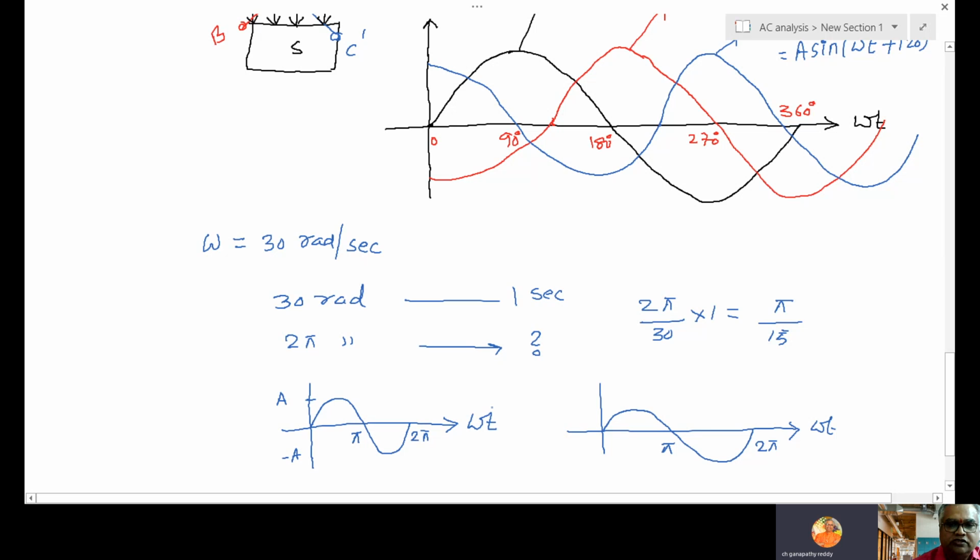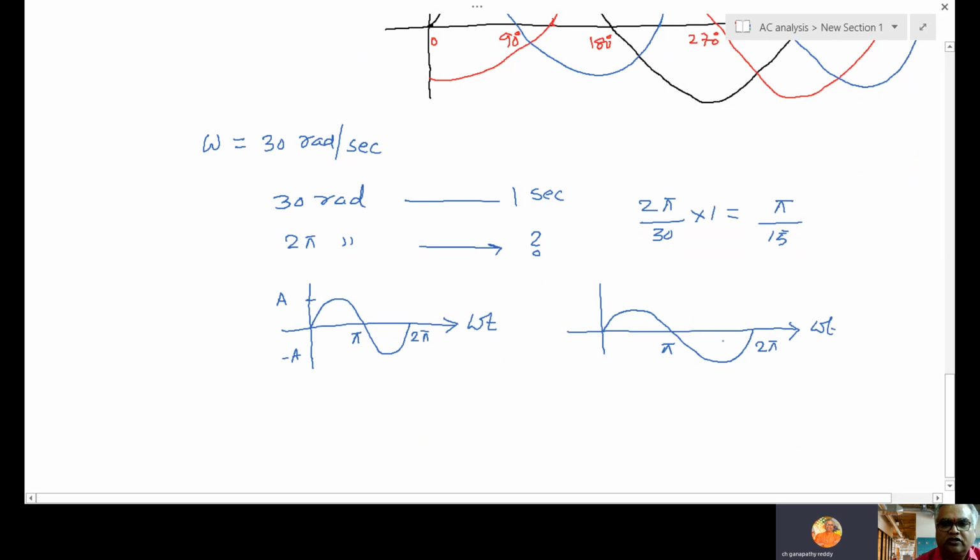So omega t scale is a generalized representation. Time scale is more specific. So time information is not available. I can give another example. If rope length is like this, now hold here and go around.